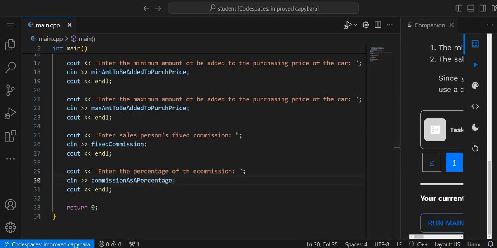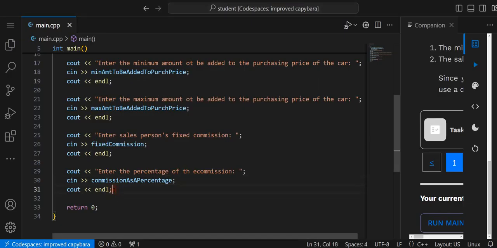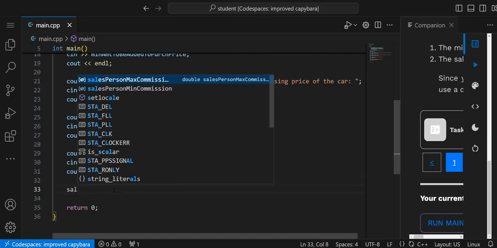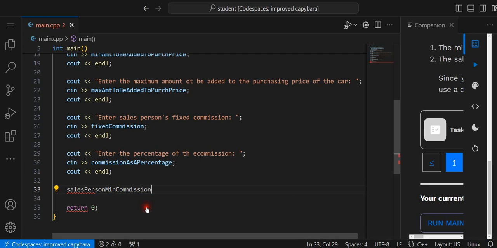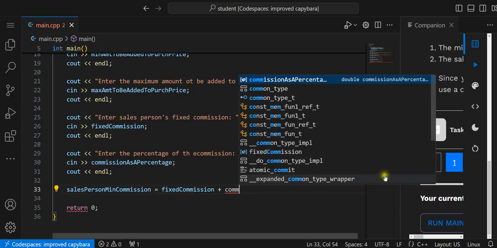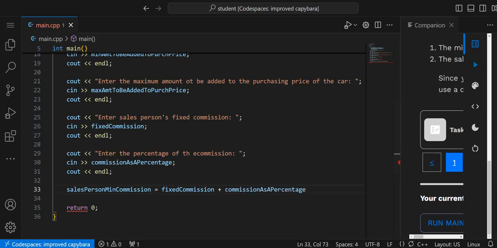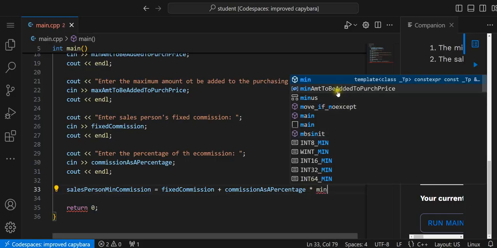Let's do some math. Salesperson minimum commission equals fixed commission plus commission as a percentage times minimum amount to be added to purchase.